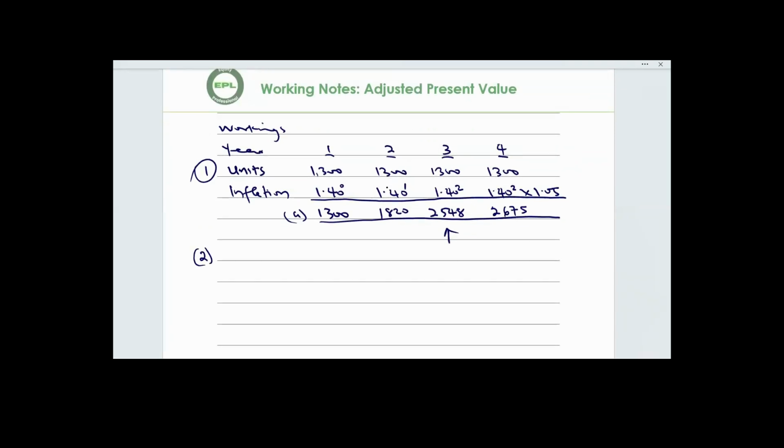Then working number 2 now. Working number 2 is sales value. So there's a selling price, and we are told that the selling price in the first year is 3,750.